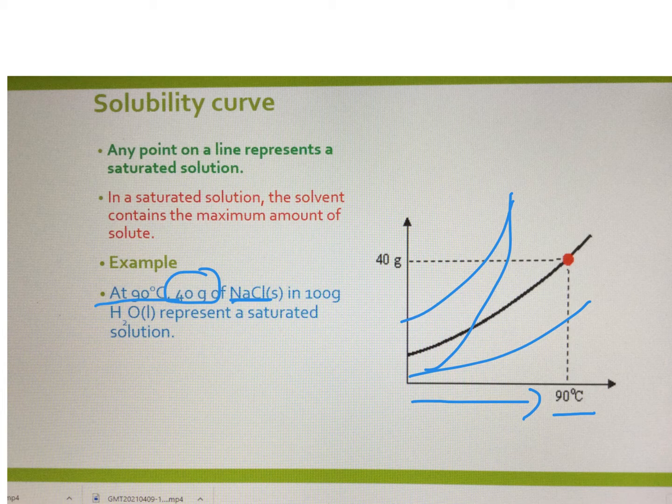So in this 100-gram sample, 40 grams lands right here, and your dot, your plot, is right on the line. So is this saturated, supersaturated, or unsaturated? Because it's on the line, the chemical line, it is a saturated solution. Okay?